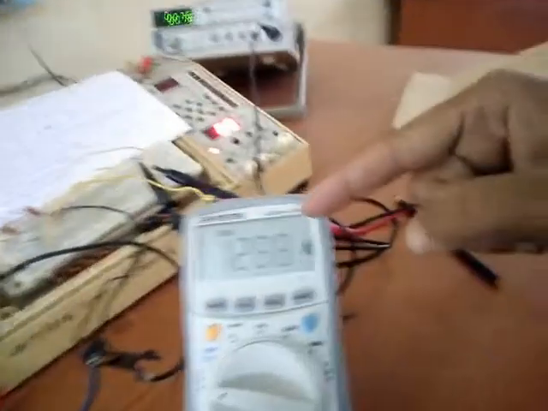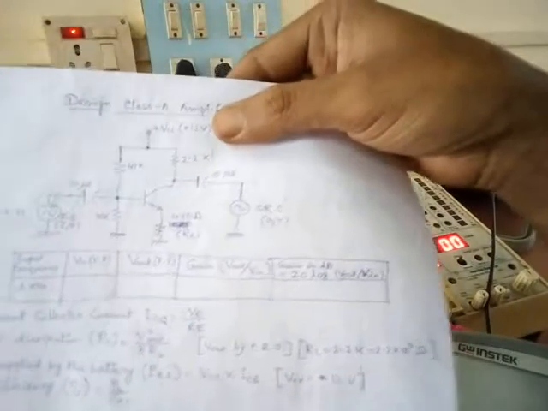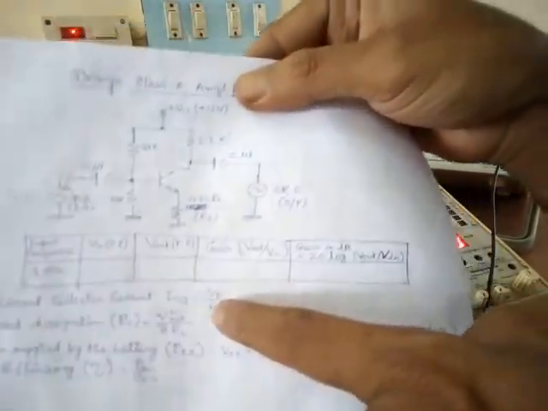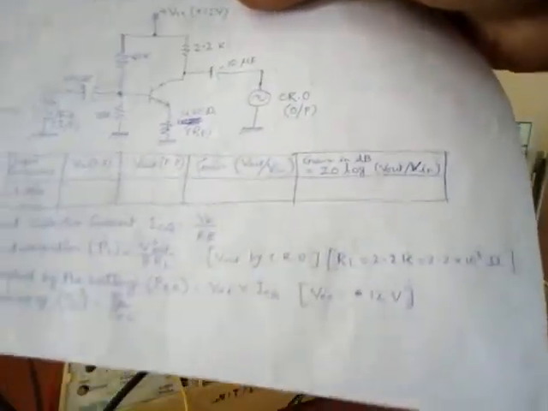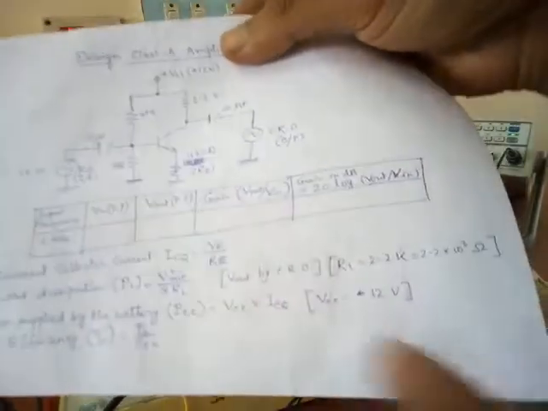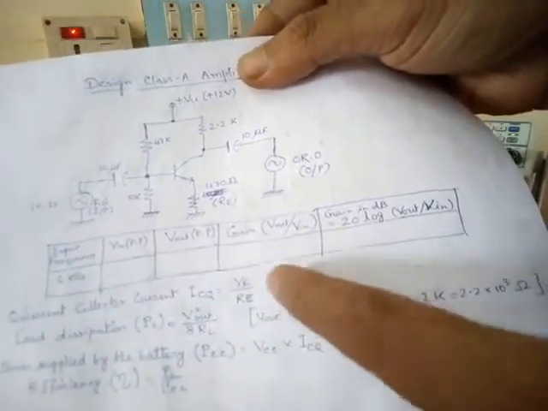So this value is 1.28 volt. So VE is equal to 1.32 volt, and RE, we know the value of RE, that is 470 ohm. So we can calculate ICQ by this calculation.